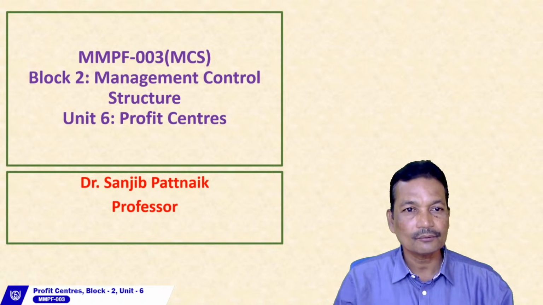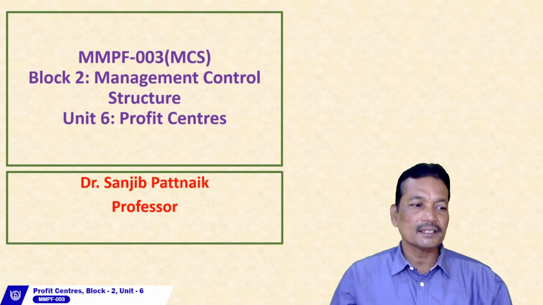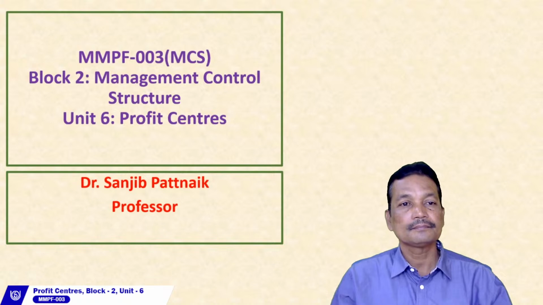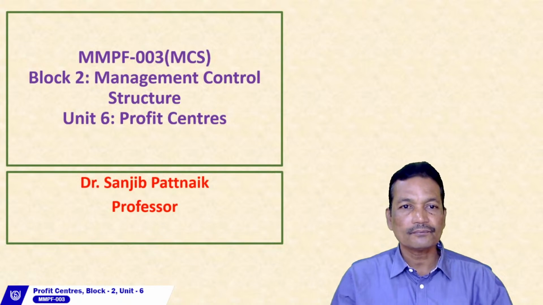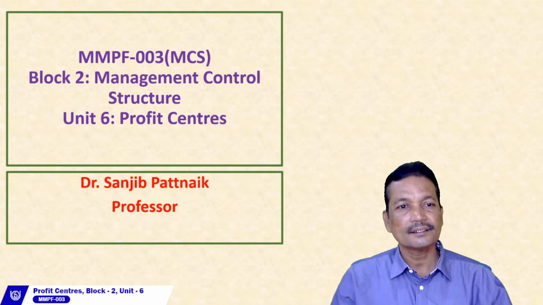We are back again with our session regarding our course, that is Management Control System, which has been coded as MMPL 003. In block 1, we saw the introductory part of the Management Control System. There we tried to look at what is MCS, that is the Management Control System.